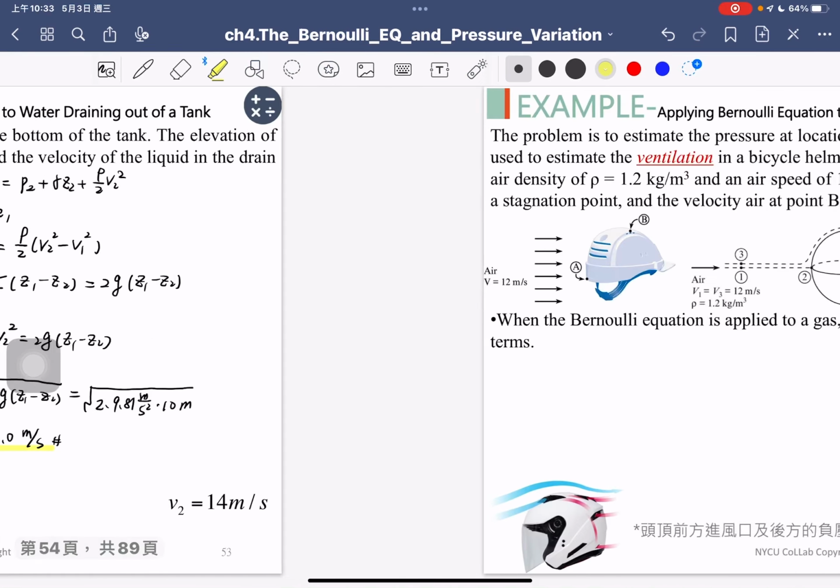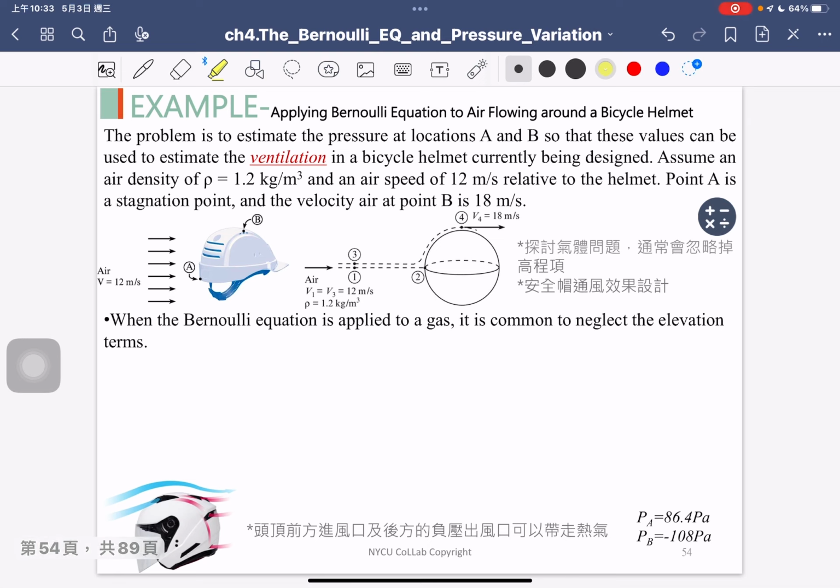Okay, so the second exercise is very famous in design: the helmet. So what's the problem when we design a helmet? The problem is ventilation. Ventilation is 通风的效果. If you choose between different helmets, you will consider which one is better for ventilation.